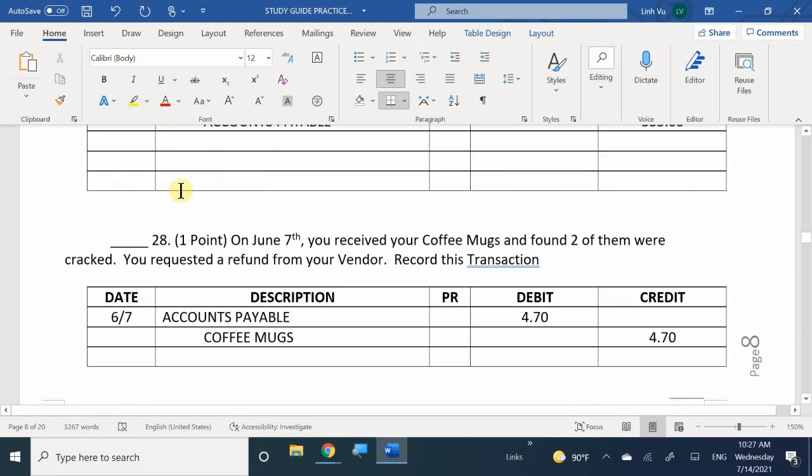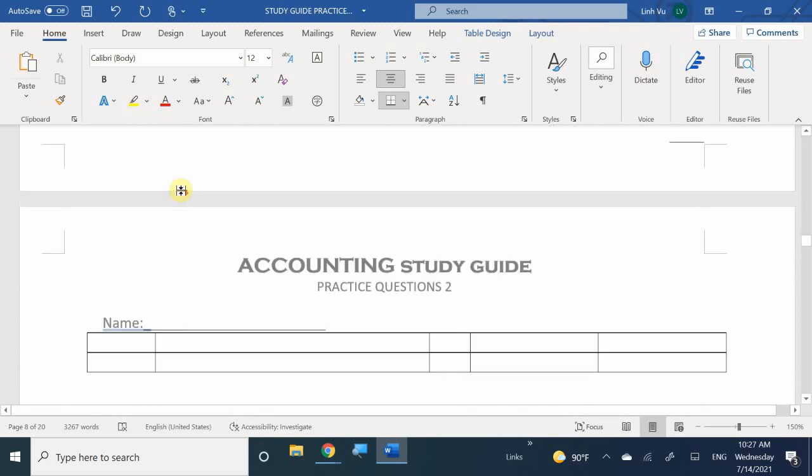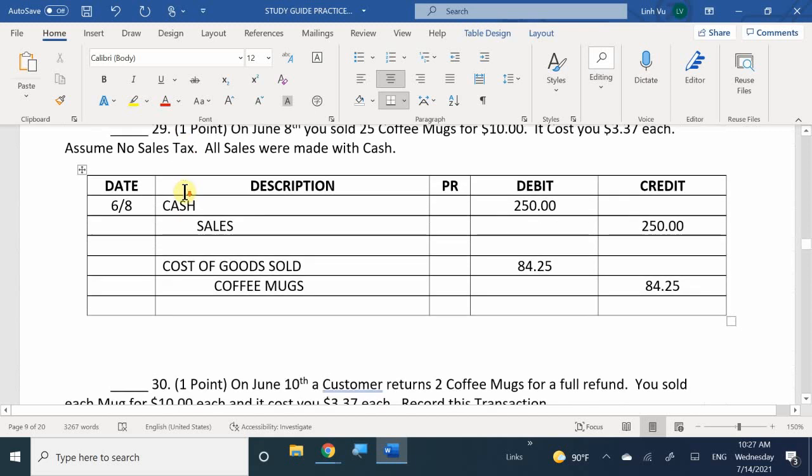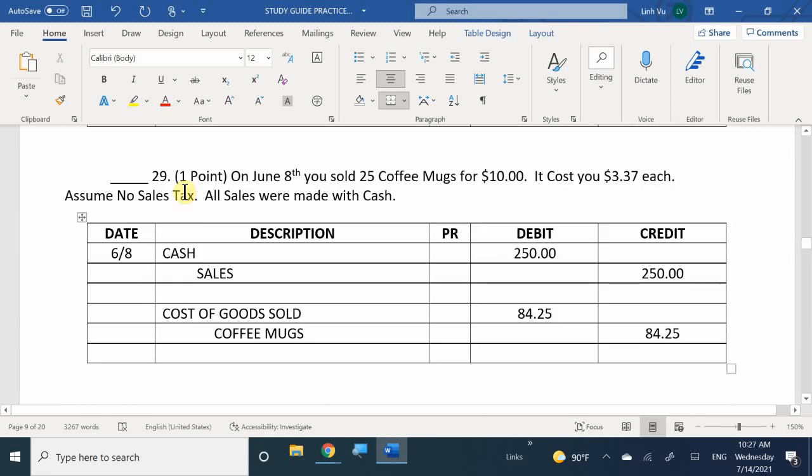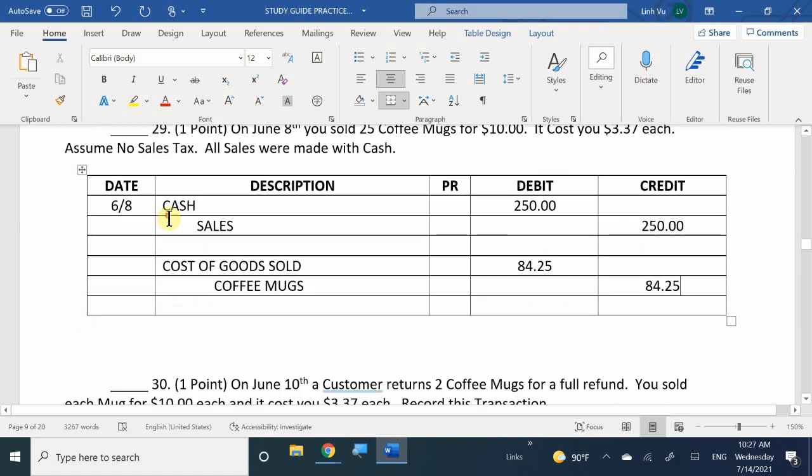Question 27 is related to 28 and 29. But in the actual exam, I'll be very specific. I'll say use this information to answer the next 2 or 3 questions.